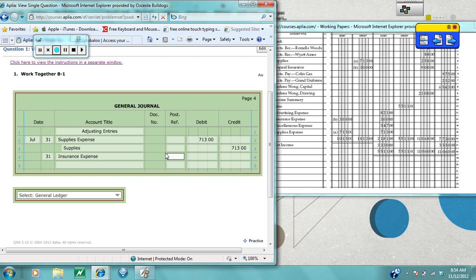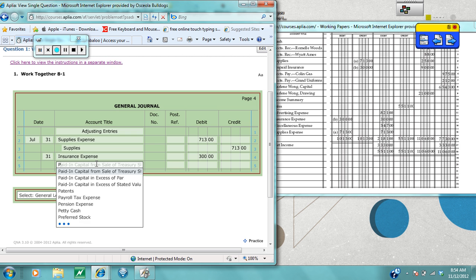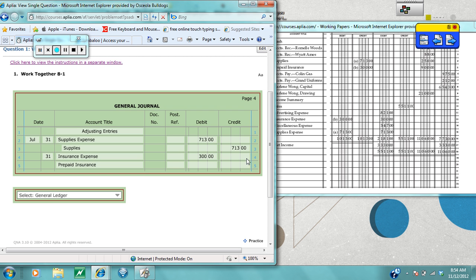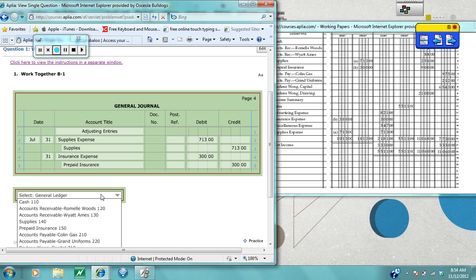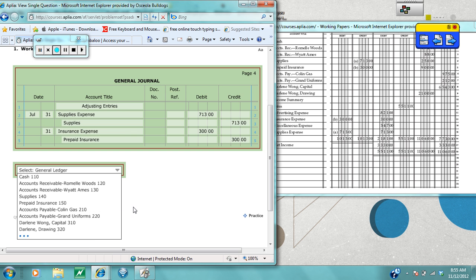Insurance expense. The amount is $300. Prepaid insurance, right? Now, we've used up $300 worth. That's what's gone. Okay, when you post, what account do we need to go to? Well, supplies expense. See how that scrolled down?